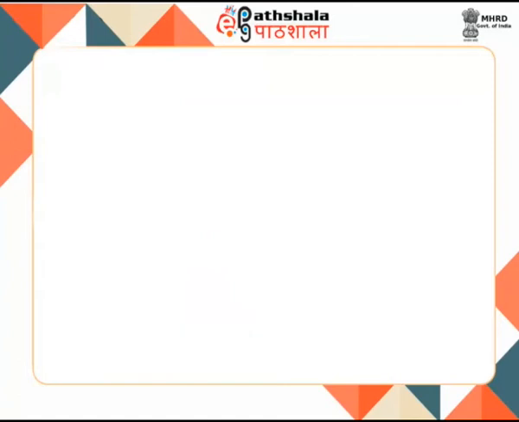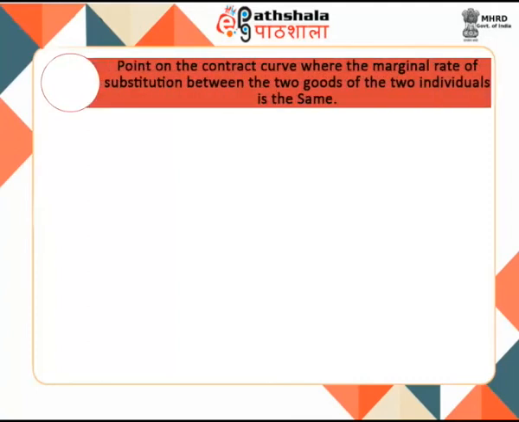Thus, so far, we have studied that the general equilibrium of exchange occurs at a point on the contract curve where the marginal rate of substitution between the two goods, MRS XY, of the two individuals is the same.